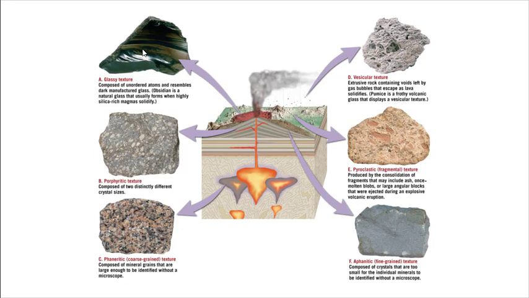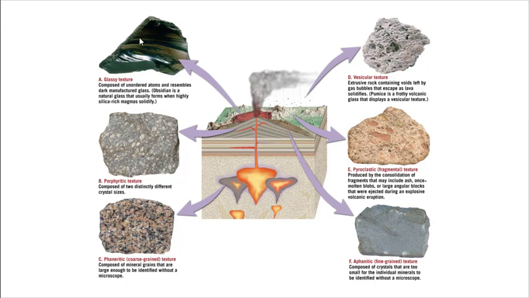Now, with glassy textures, rocks like obsidian, rather than just letting the rock cool, it's been quenched. The lava flow went into some water, or there was some rain, or a snowbank, or something like that. So here we're just leaving it alone and letting it cool underground. Here, we're just leaving it alone and letting it cool above ground.